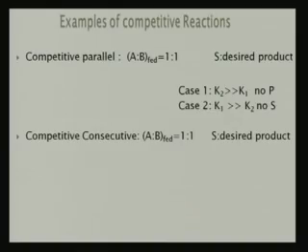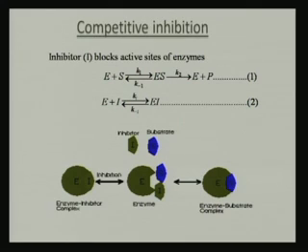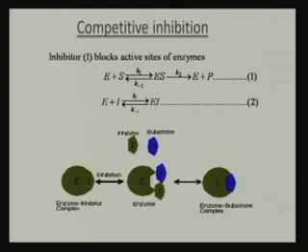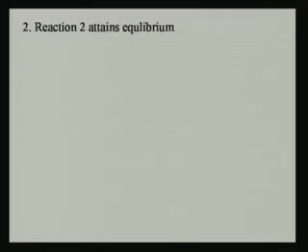So these are some of the examples we did. And what it looked like is that for competitive inhibition, if I am to summarize, what happens is that the inhibitor and the substrate compete for the attention of the enzyme. So both of them try and bind to the same active site. The next one we did was uncompetitive inhibition.